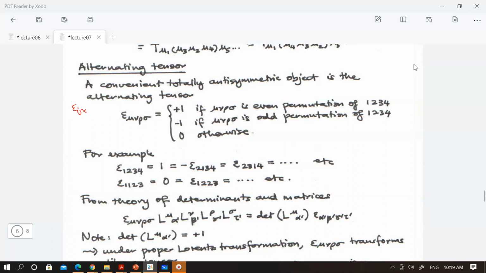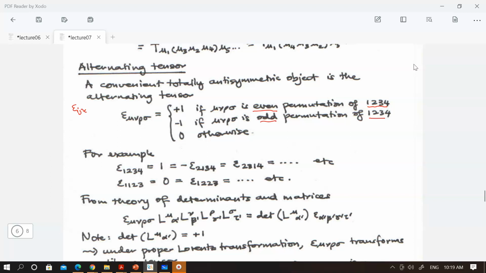We define this object to be plus 1 if mu nu rho sigma is an even permutation of 1, 2, 3, 4, and if it's an odd permutation, then it will be minus 1. So the definition is almost similar.